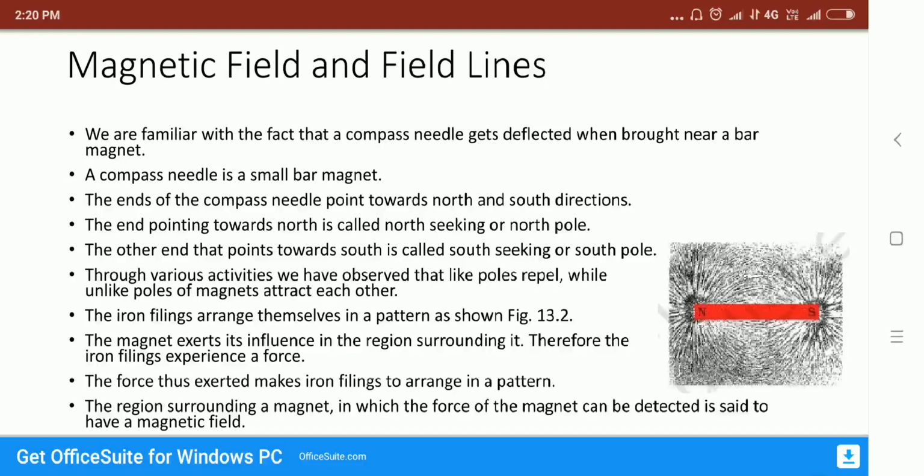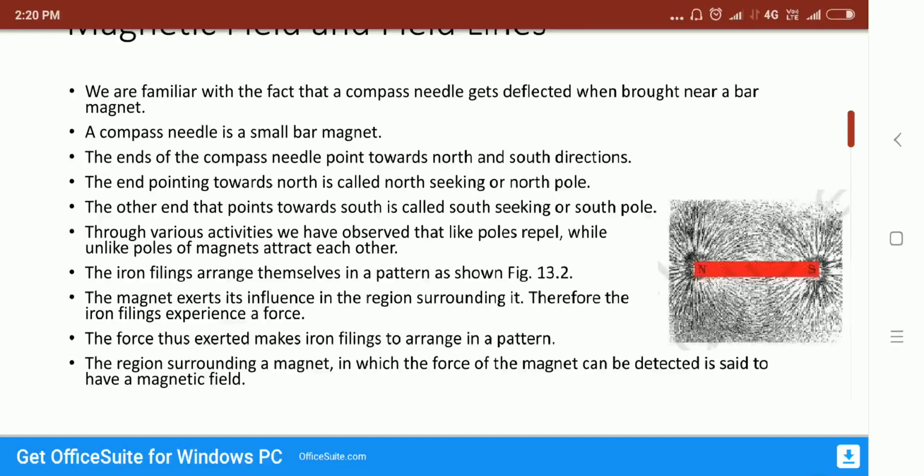To understand magnetic field lines, we can see the magnetic field lines present around the bar magnet as per the diagram. Based on the amount of force, the magnetic field pattern is generated. Where the force is more, the magnetic field lines are more dense.